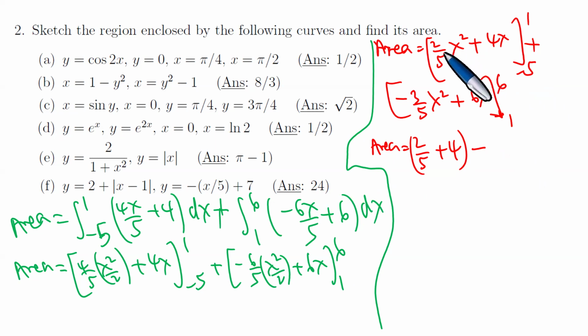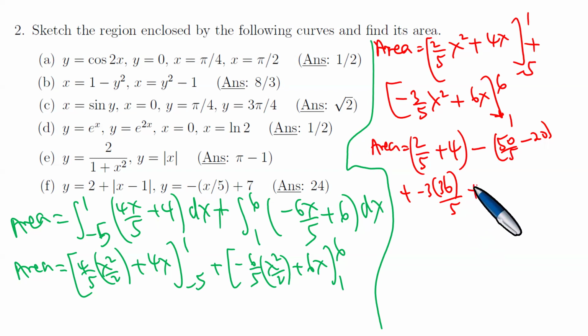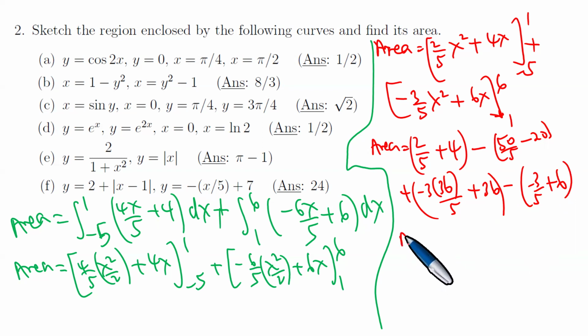The 25, if you multiply by 2, becomes 50 over 5, minus 20. Plus, you have the 6 squared, which is 36, so it's minus 3 with the 36 over 5, plus 6 by 6 is 36, minus 3 over 5 plus 6. Area.